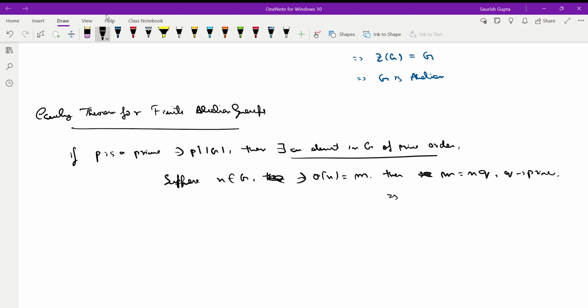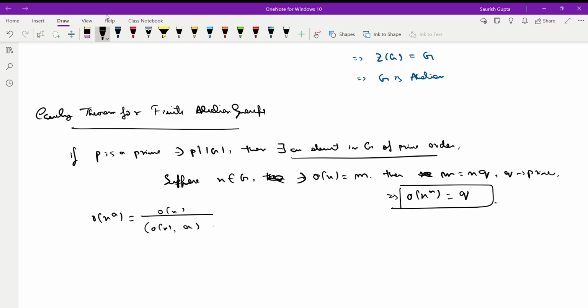Then observe that if the order of X is M and M equals N times Q, then the order of X to the power N is Q. This comes from the properties of the order of an element. Recall that the order of X to the power A is given as the order of X upon the GCD of the order of X and A. Therefore, surely there exists an element of prime order.